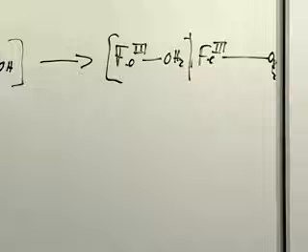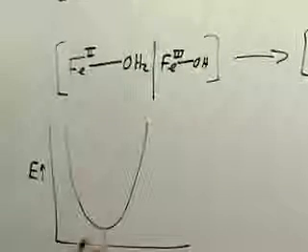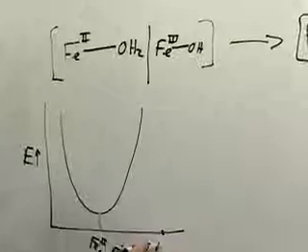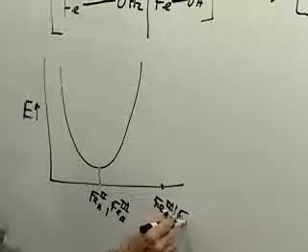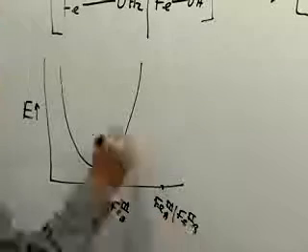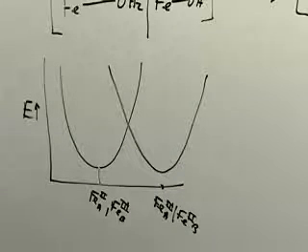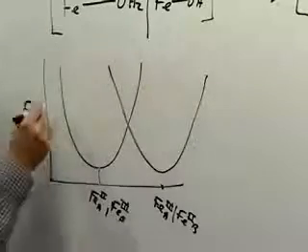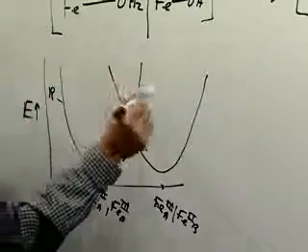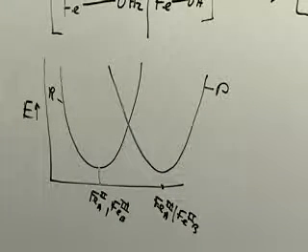And that's going to have a different set of coordinates. If we're talking about the asymmetric stretch, it's going to have a different position. So this is going to be A with the iron 3. And we'll have another set of coordinates. So what we've drawn is a potential energy surface where this is what we would call the reactants, and this is the products. And we want to talk now about moving along that potential energy surface.